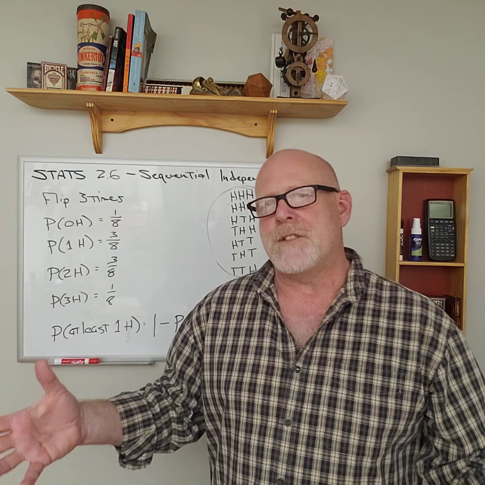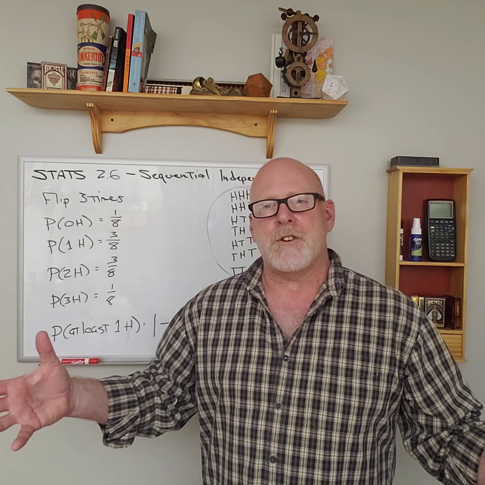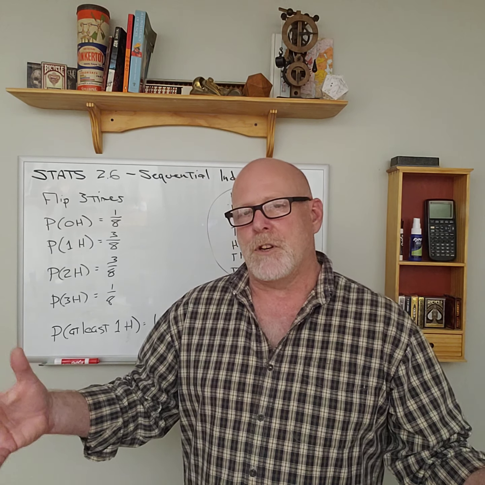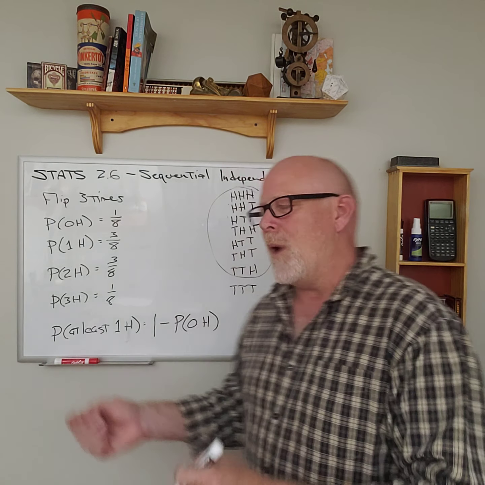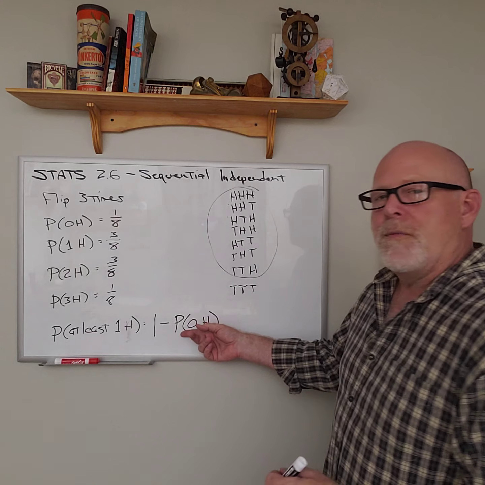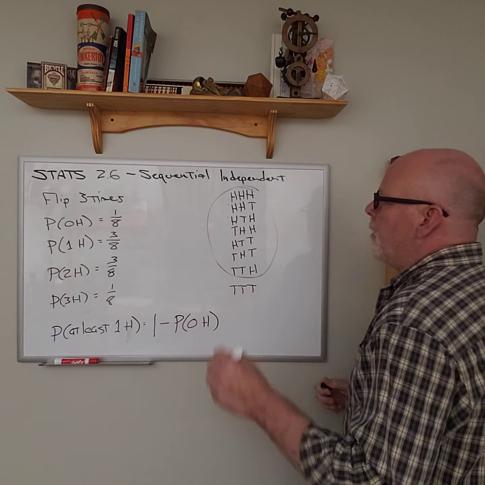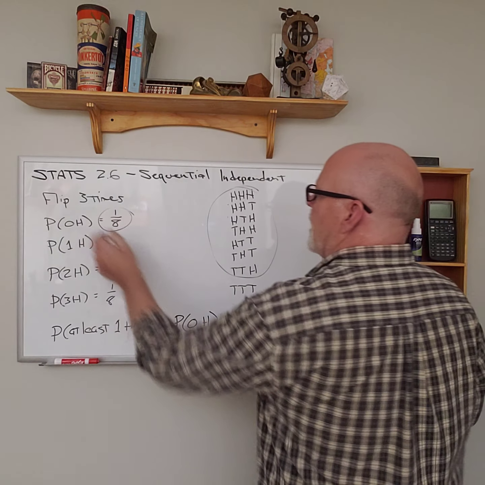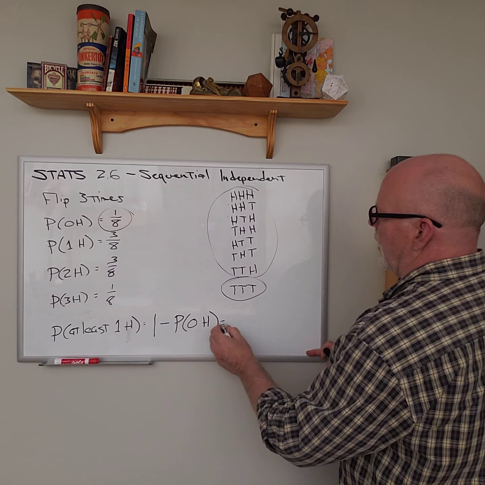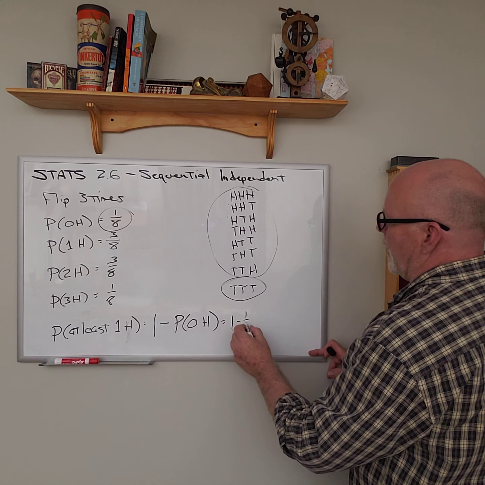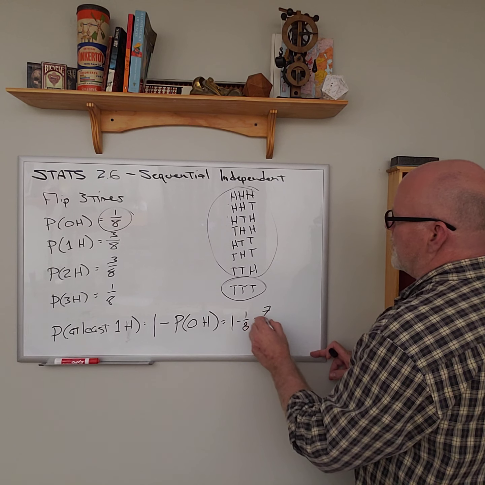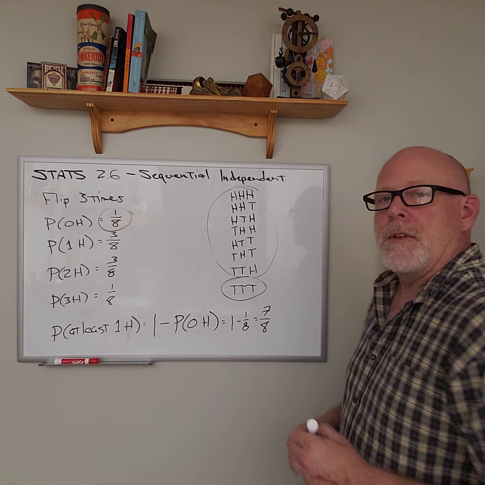That covers all bases, so together they should add up to 1. So all you have to do is start with 1 and take away the probability that there are no successes. We already calculated that up here. That's the 1 in 8. So we have 1 minus 1/8, which gives us exactly the same thing.